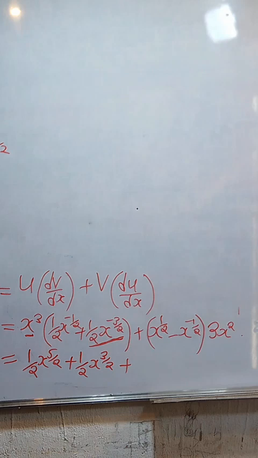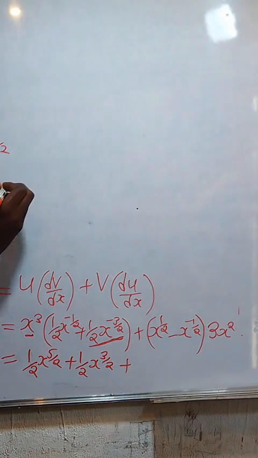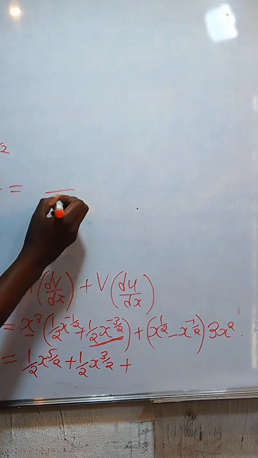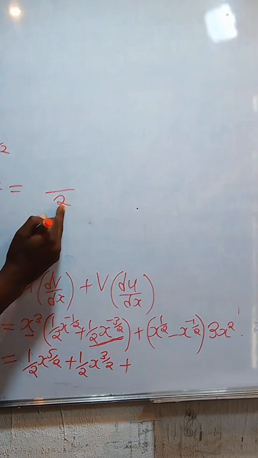Because we can actually hide this 3, okay, then x to the power 2 plus this half. So this is the same as saying that over 2.